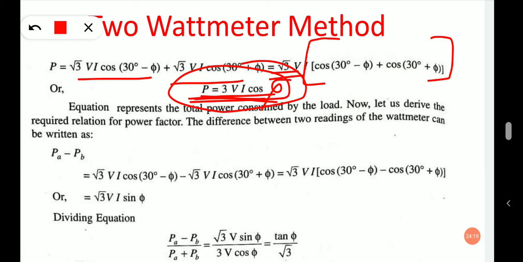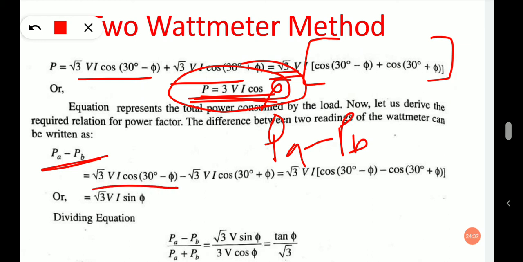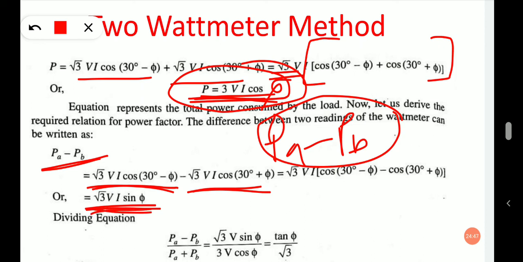So now we will derive the required relation for power factor. The difference between the two readings of the wattmeter is PA minus PB, the value of PA minus the value of PB.